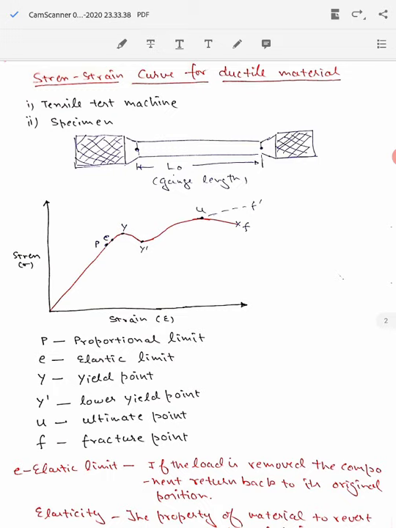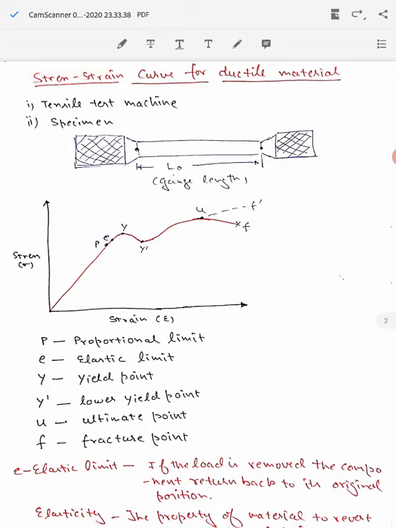Now when this specimen is put in the tensile test machine and the external load is applied and both its ends are being pulled apart, we keep on measuring the change in the length of the specimen along with the value of the load being applied.